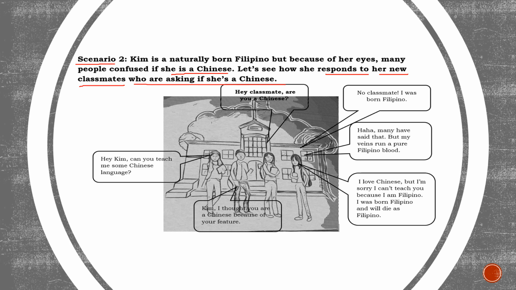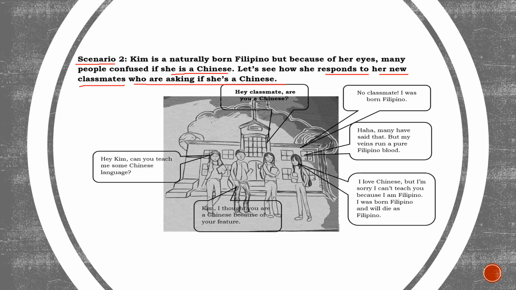"Hey Kim, can you teach me some Chinese language?" "May I say that my veins run a pure Filipino blood. I love Chinese, but I'm sorry I can't teach you because I'm a Filipino. I was born Filipino and will die as Filipino."